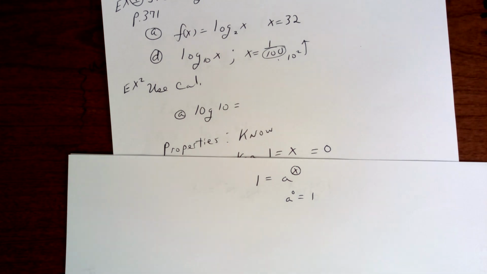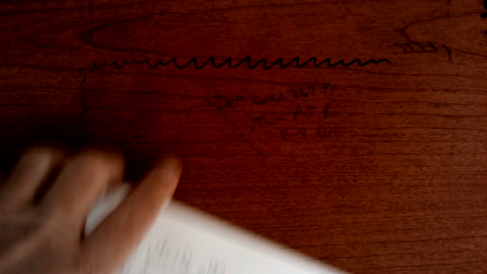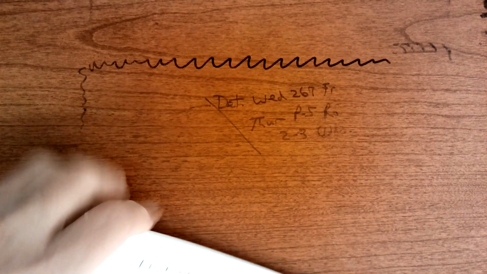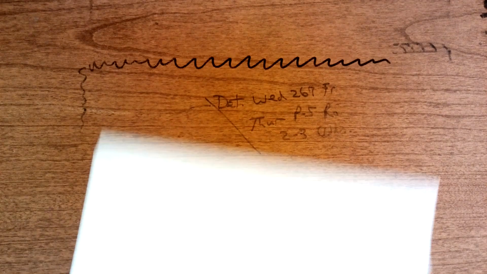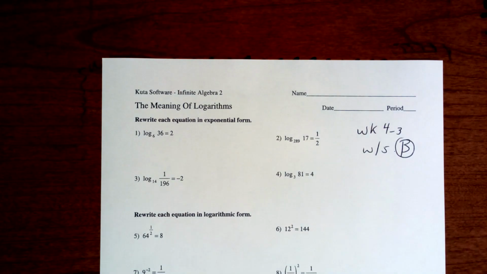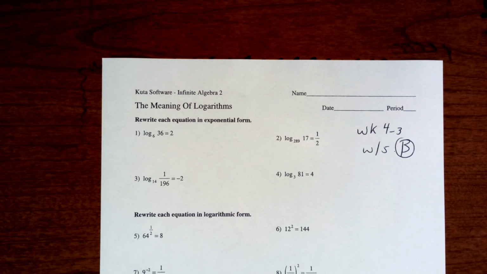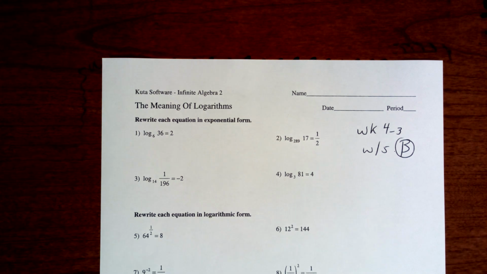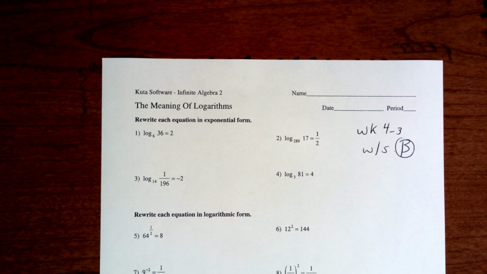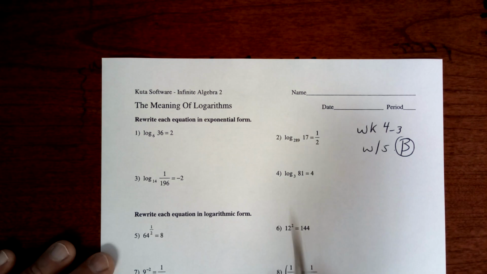All right, let's take a look at our worksheet. We're just going to try to work some of these, so pay attention, okay? What you want to do here, it says write an exponential form.